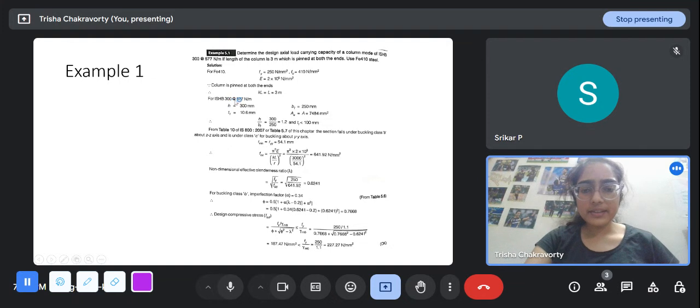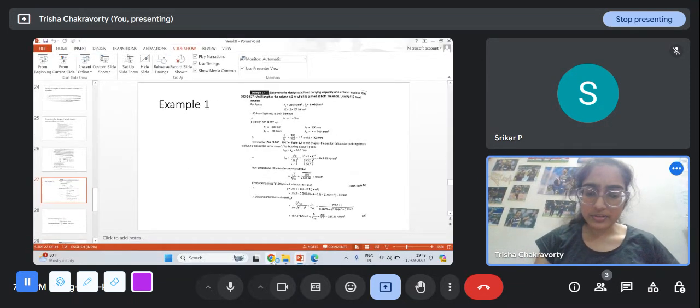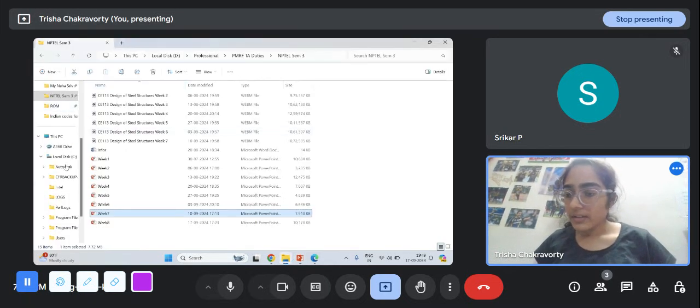For ISHB 300, these are from the IS handbook. I won't go into the IS handbook again because I've shown it before. Okay, maybe I will once more.